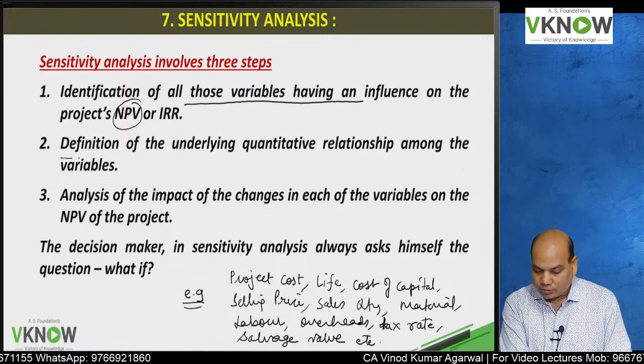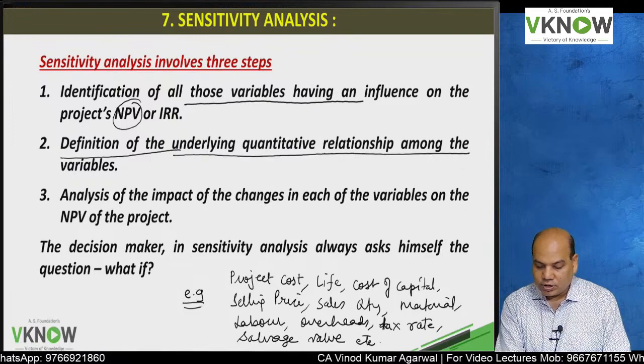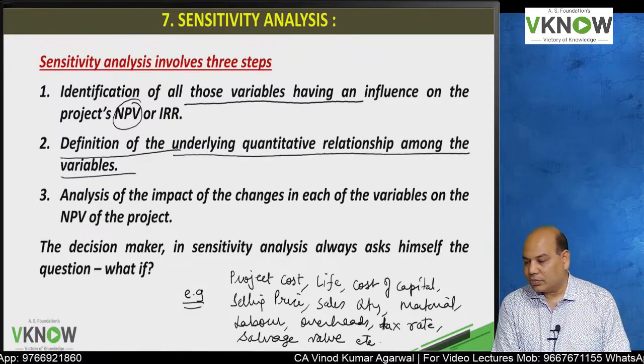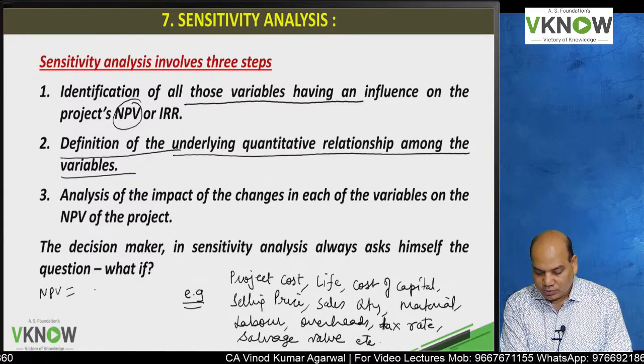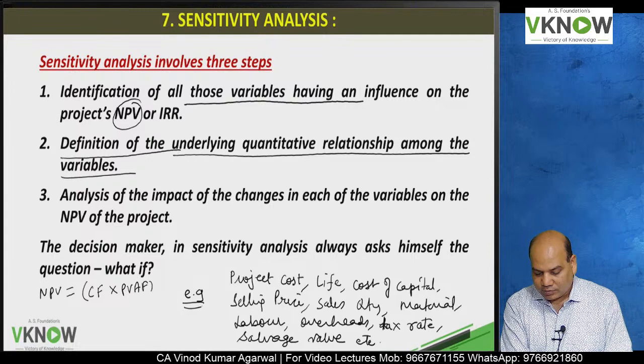Then we will define the underlying quantitative relationship among variables. Quantitative relationship means how NPV is calculated. So NPV is equal to, for example, cash flow multiplied by PV annuity factor minus project cost.